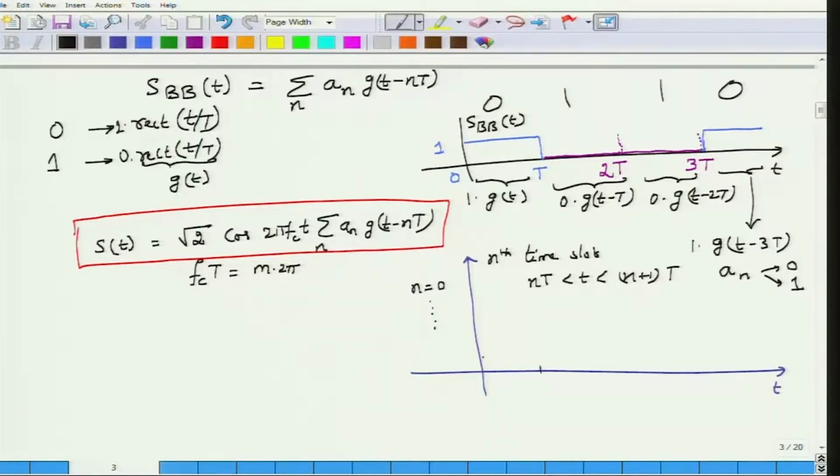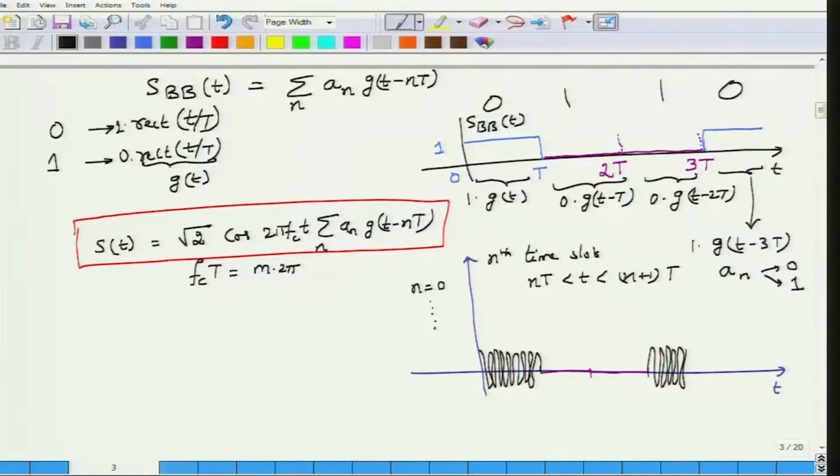For the same sequence 0 1 1 0, you will have a fast varying carrier waveform, then followed by a 0, followed by another 0, then again you will have the fast varying waveform.